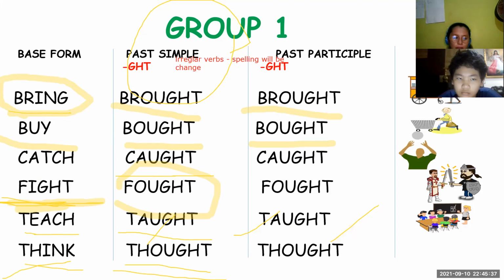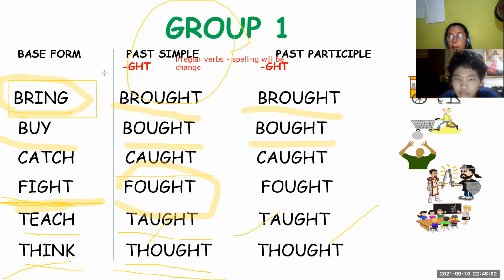Because next meeting I will have a drill about those things here. So I hope you can remember this. I will have a drill about bring. What is the simple past of bring?